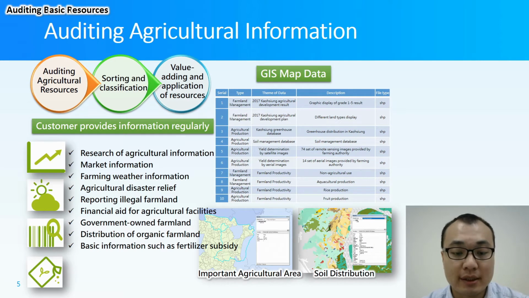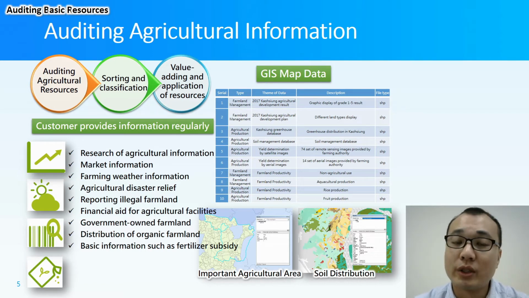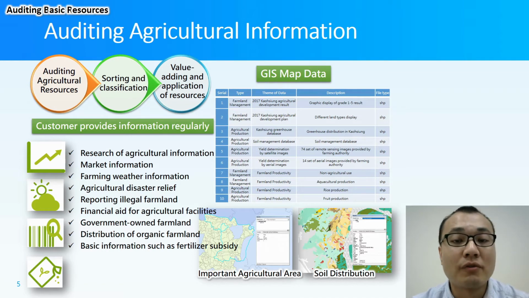We integrate data of agriculture-related institutes, including research on agriculture information, market information, weather information, agricultural disaster relief reporting, illegal farmland, financial aid for agriculture facilities, even government-owned farmland, and so on, and various types of spatial maps.